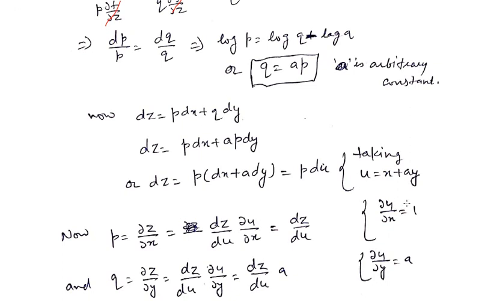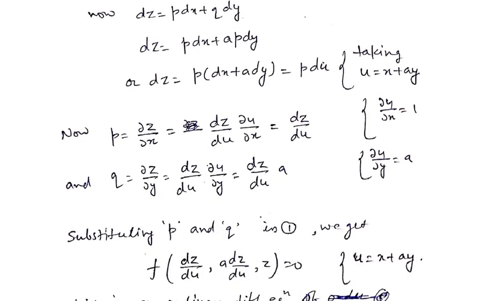From here del u upon del x equals 1 and del u upon del y equals a. So putting the value of del u upon del x, we get p equals dz upon du. Now calculate q. Del z upon del y equals dz upon du into del u upon del y, equals dz upon du into a, as del u upon del y is a.